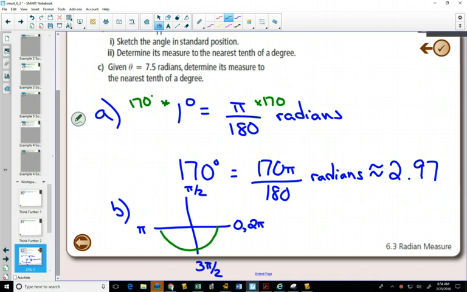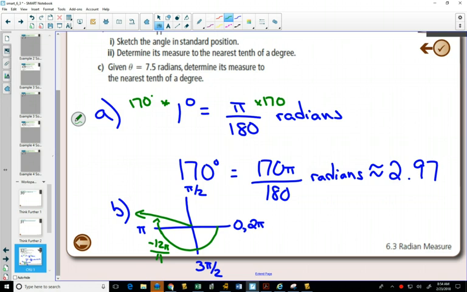Does it make sense up to here that this would be 1 pi? And we want to go negative 1 and 1/11 pi. So we're going to go past here, and I'm going to imagine this next section split up into 11 equal parts. And then I can label negative 12 pi over 11.